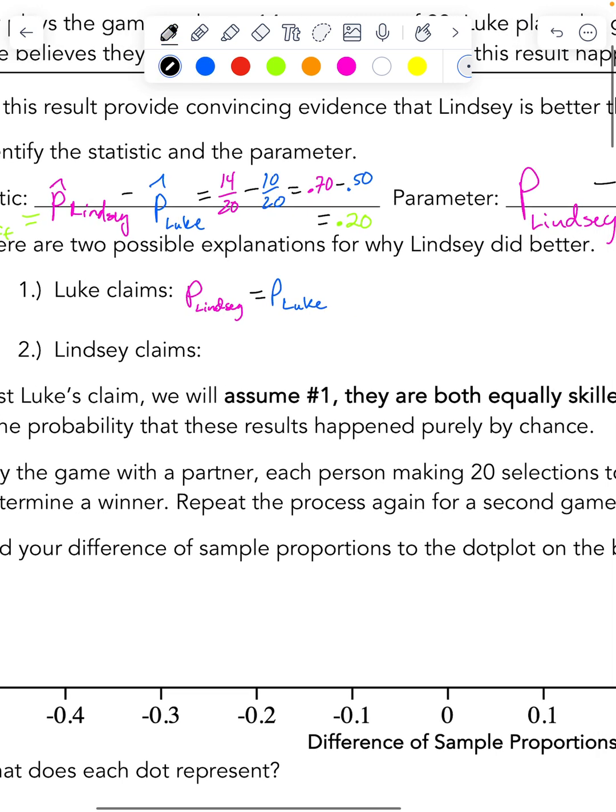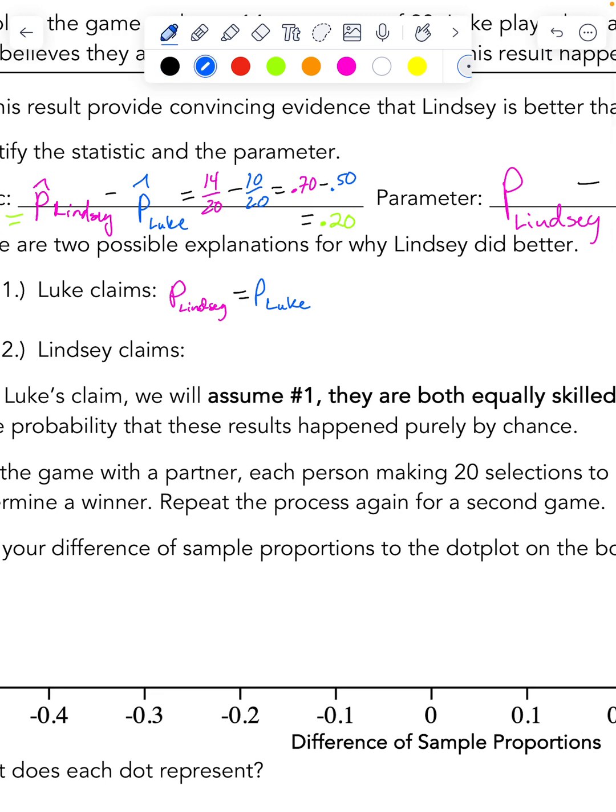Another way we can write this is if I use some algebra and I would just subtract P Luke from both sides. So what I do to one side, I do to the other. And if I do it that way, then I could also write it like P Lindsay minus P Luke equals 0.